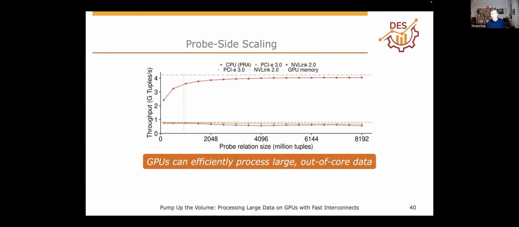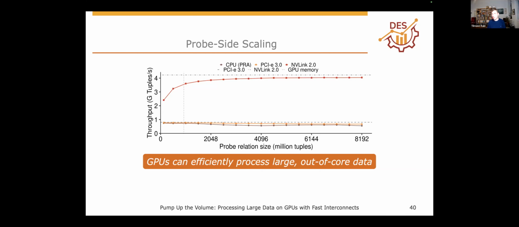Now, the question is, what happens if we actually want to scale the build side? So this is the more complex part, right? The probing means we're just sequentially reading the second relation, block by block, transferring it to the GPU, doing the hash lookups in parallel and sending the results back.